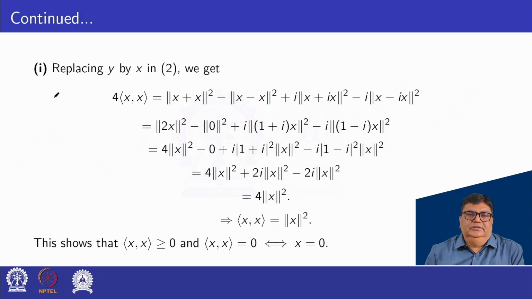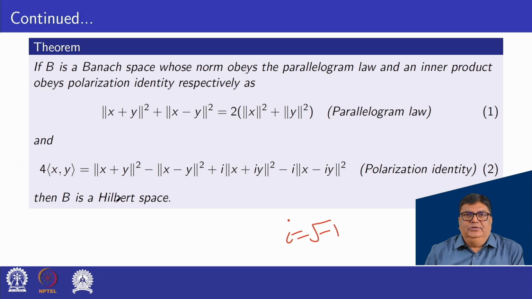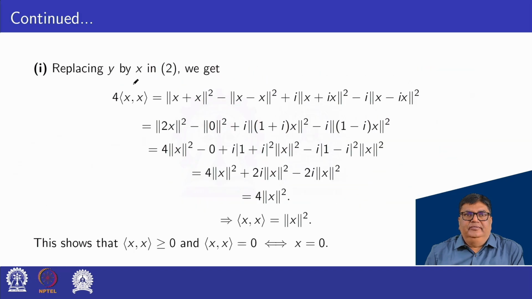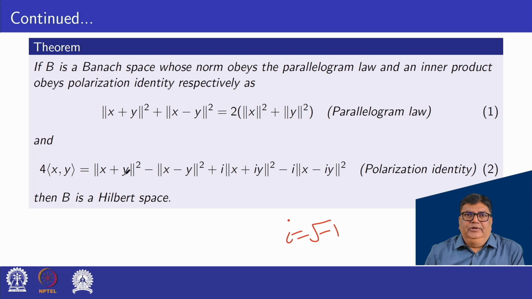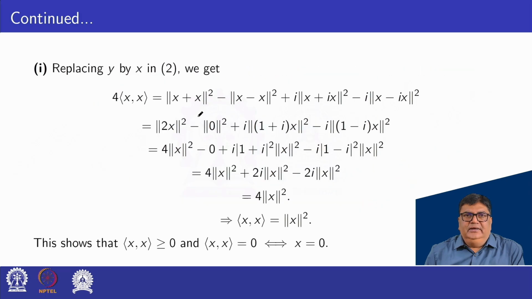That is, first, replacing y by x in equation 2, that is the polarization identity. That is 4 into inner product of xx equals norm of x plus x squared, because here we replace y by x, minus norm of x minus x squared plus i norm x plus ix squared minus i norm x minus ix squared.